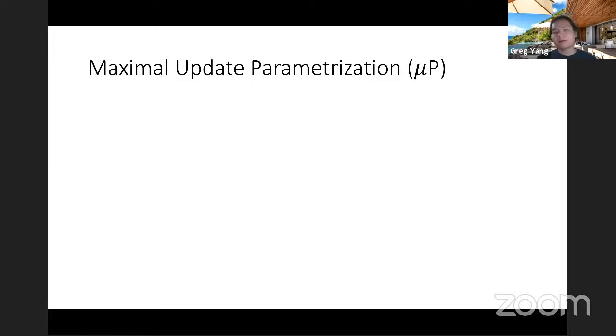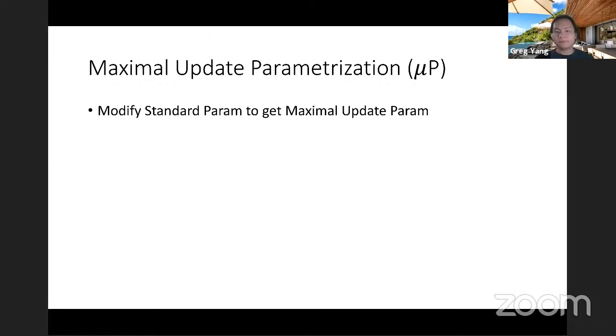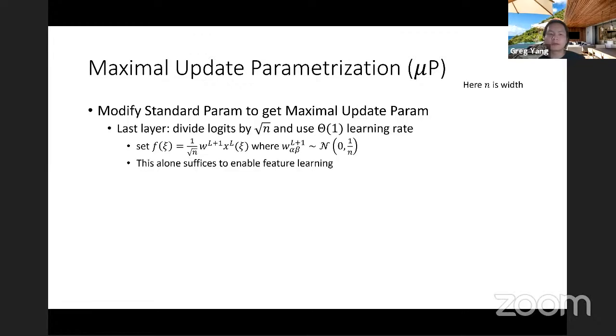Okay, that's all I'm going to say about the big picture. Now let me drop down into something concrete. Let me tell you about the maximal update parameterization, which is abbreviated as muP. Let's be very concrete. I'm going to tell you what this parameterization actually is. The easiest way to understand this is to modify the standard parameterization to get maximal update parameterization. You need to make two changes to the standard parameterization, and I'll tell you intuitively why we need those changes.